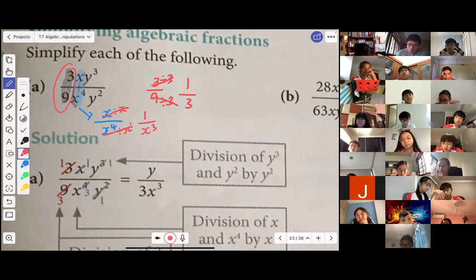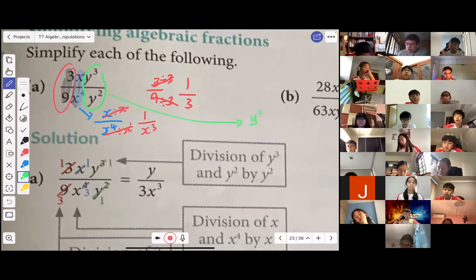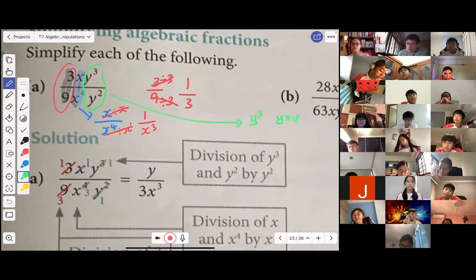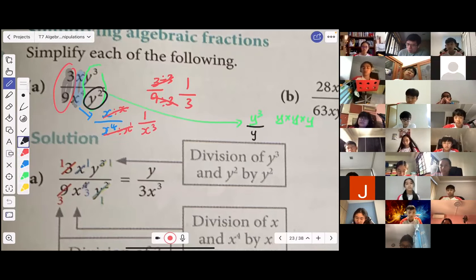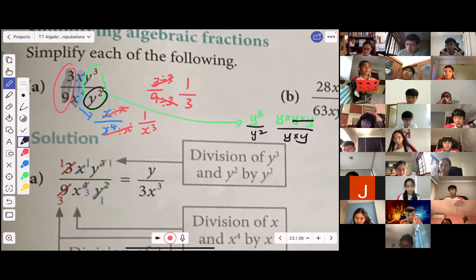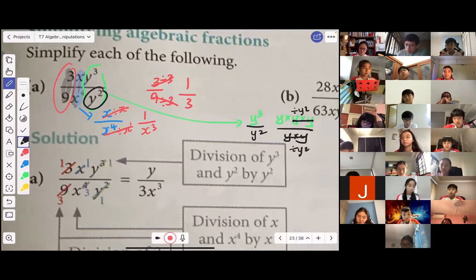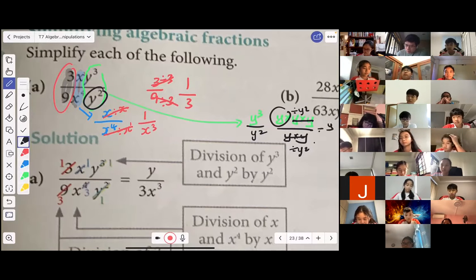What about y cubed over y squared? y to the power of 3 is y times y times y, in case you are lost, and y to the power of 2 is y multiplied by y. If we cancel top and bottom, it's like dividing by y squared. I end up with y over 1.